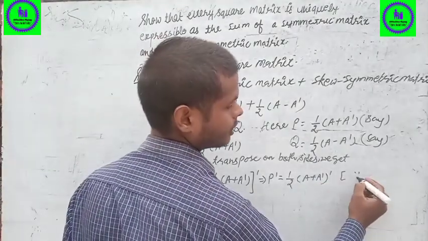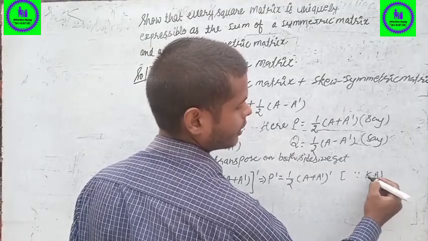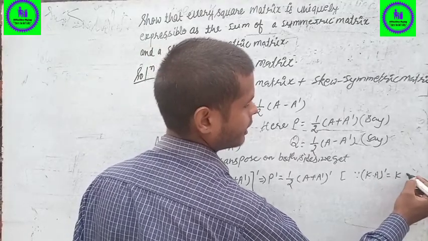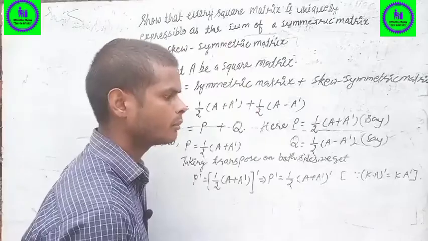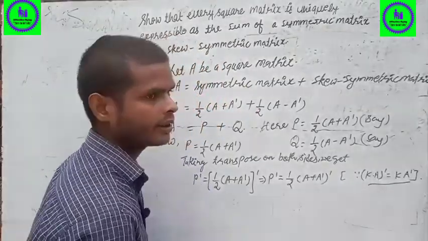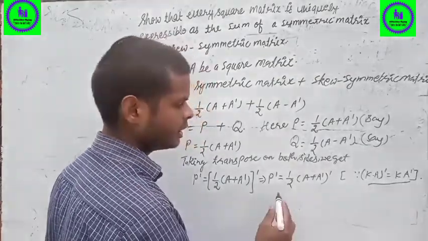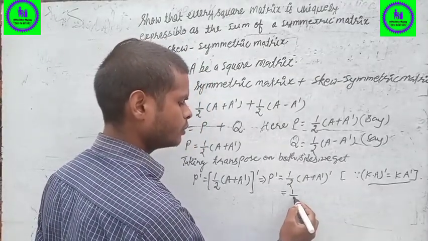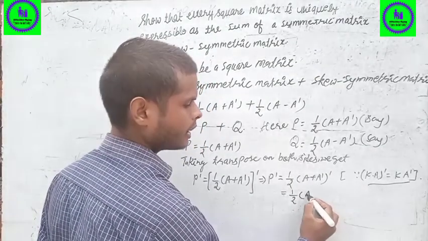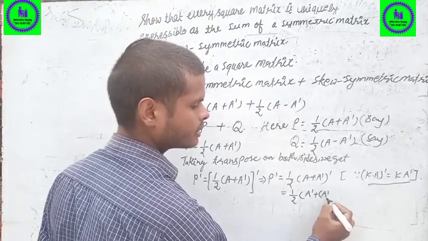Since (k into A) whole dash is equal to k into A dash by the property of transpose of a matrix, we get 1 by 2 (A dash plus A dash whole dash).